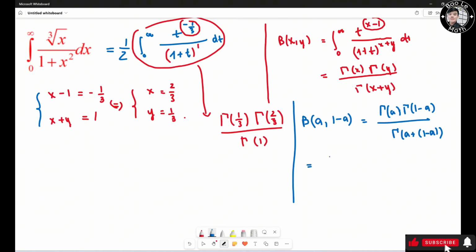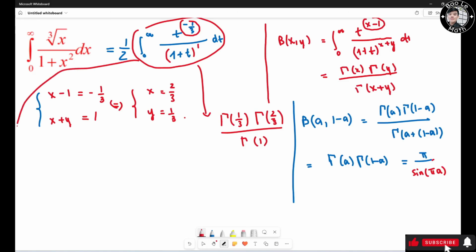It's gonna be gamma of a gamma of 1 minus a, which is pi over sine of pi times a. This is the reflection formula of the gamma function.